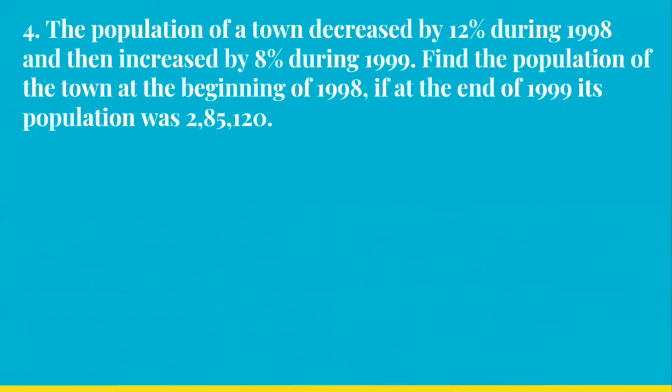The population of a town decreased by 12% during 1998, and then increased by 8% during 1999. Find the population of the town at the beginning of 1998 if at the end of 1999 its population was 2,85,120.